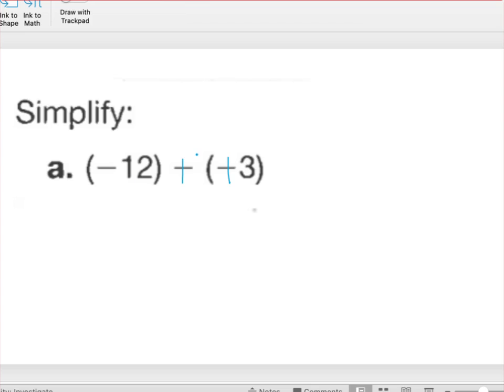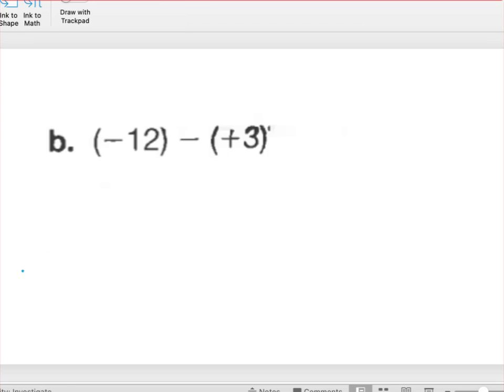So now we're adding opposite sign numbers. When we're opposite sign, subtract, so 12 minus 3 is 9. So 9 is the number part. And then we say which one, the negative 12 or the positive 3, is the larger pull of the two. The negative pull is larger, isn't it? So we're going to say negative 9 is the answer.